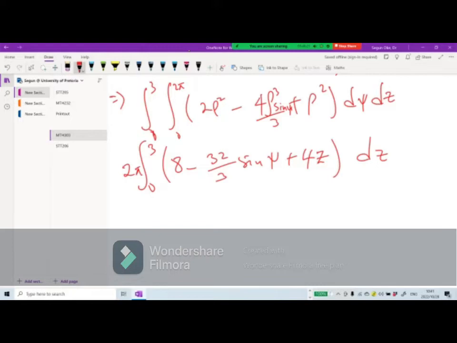You can sit down and do that one on your own. Just integrate this one and substitute 2 pi into it. Remember, when you substitute 0 here, this one returns to 0, because we are actually substituting our value into the psi. Psi contains that, so this one turns to 0.